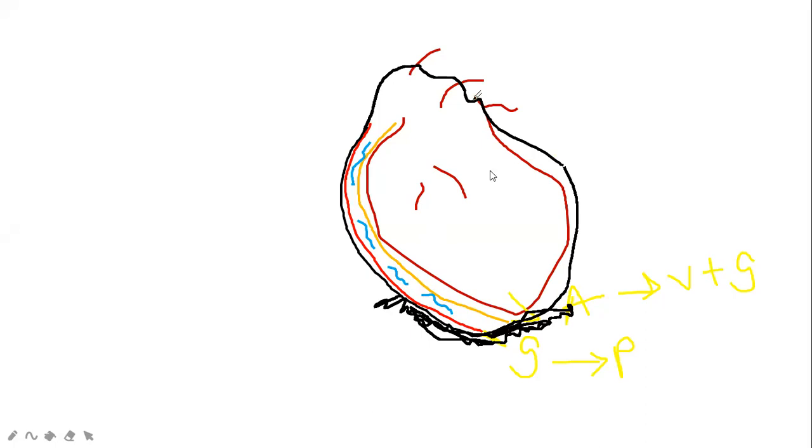Now, I want you to remember this. Specifically, this is what actually happens. This parietal layer and the visceral layer are continuous with each other towards the roots.